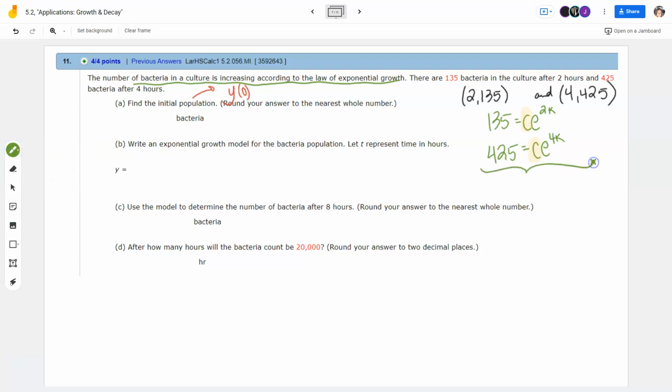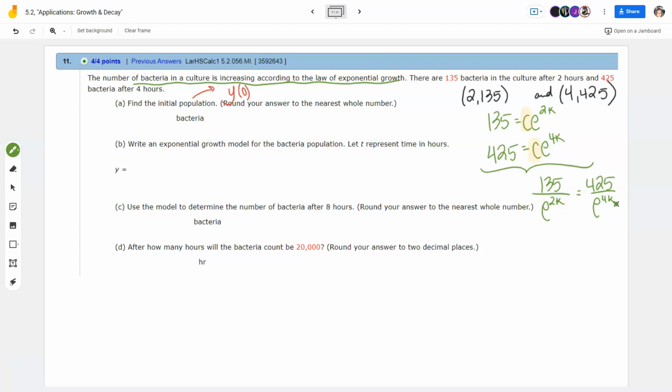With some pretty quick pre-calc thinking, aka no derivatives, no integrals, just playing with equations, I can say that 135 all over e to the 2k is equal to 425 all over e to the 4k. You guys agree? Just good old-fashioned math. I'm just playing with equations.